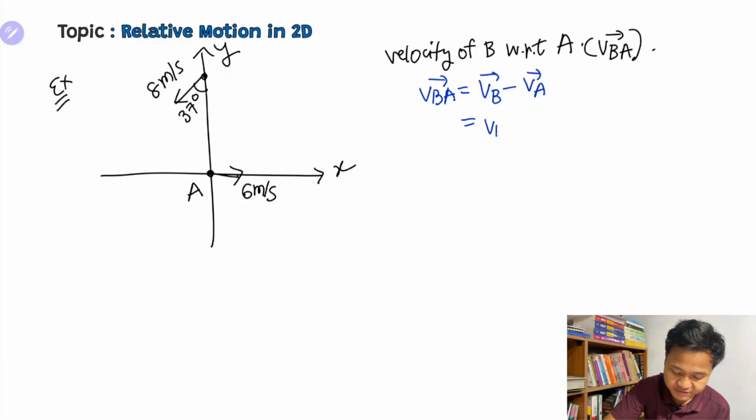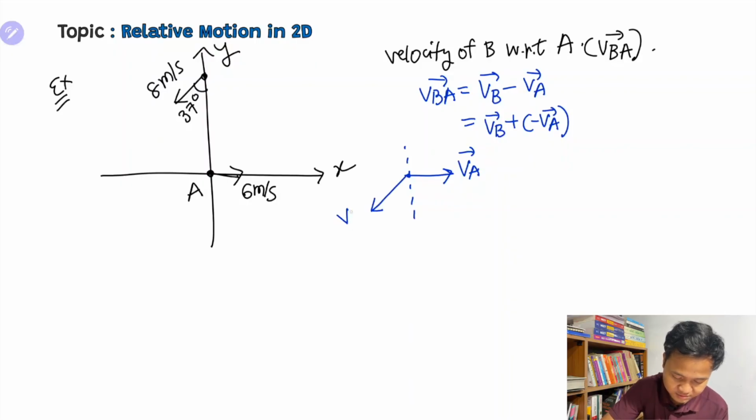So here I will write vb plus minus va. va is along this side, and vb is along this side at 37 degree, right? Now I need to find minus va, so opposite to va. So this is minus va.